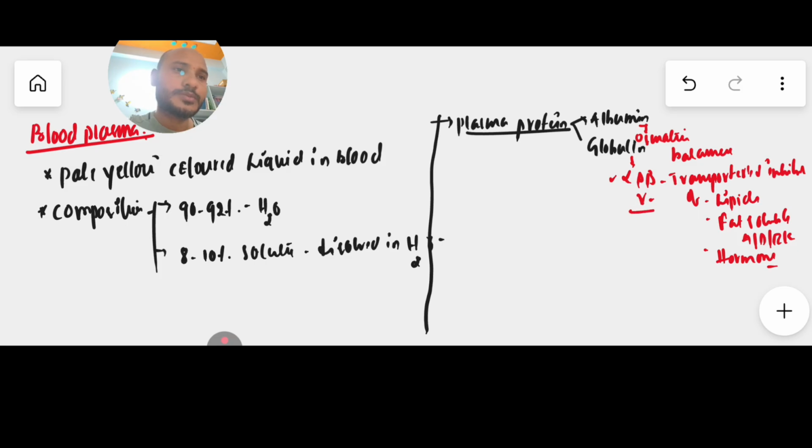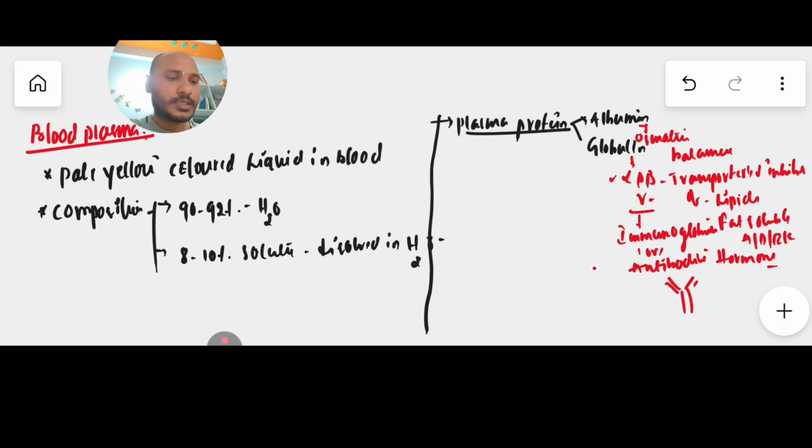Now coming to the very important gamma globulin. It is also called immunoglobulin, or antibodies. An antibody has a Y-shaped structure like this.